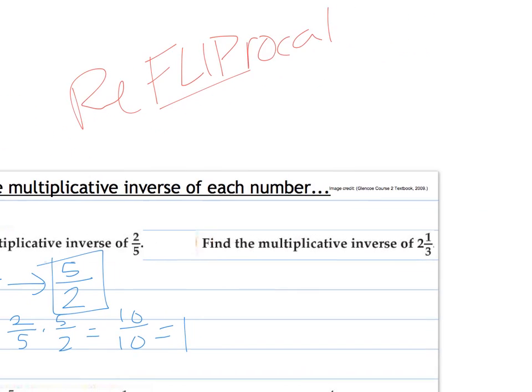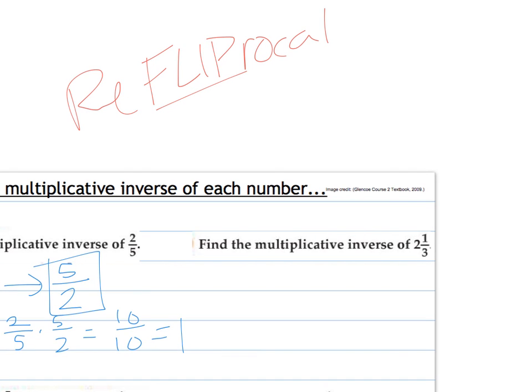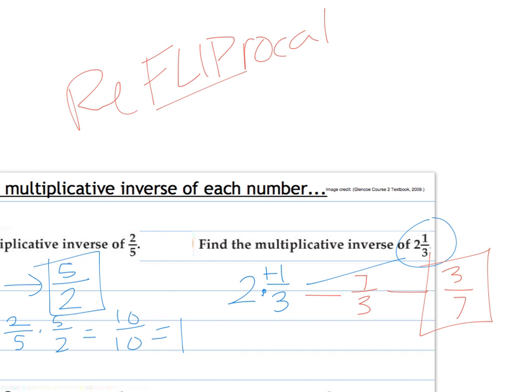For a question that is a mixed number, we first have to change that mixed number into an improper fraction by doing 2 times 3 plus 1. So that is 7/3. So the opposite reciprocal of 2 1/3 is 3/7.